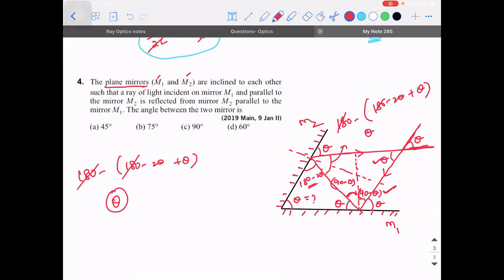It's coming out to be theta only, no? Am I missing something?